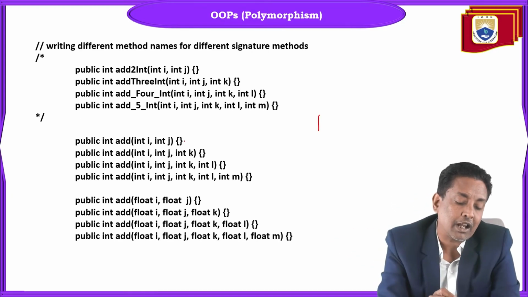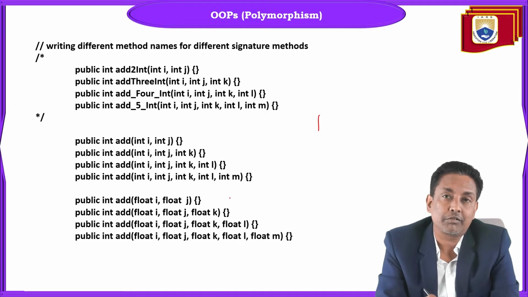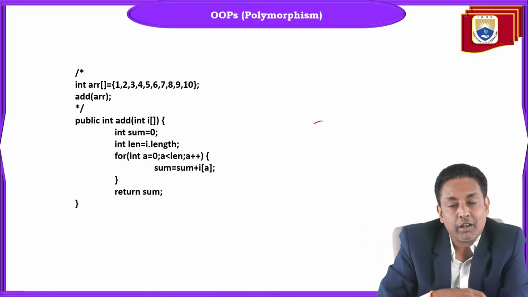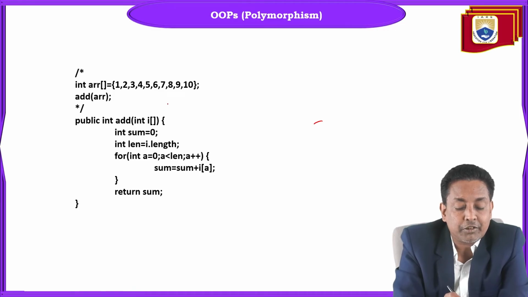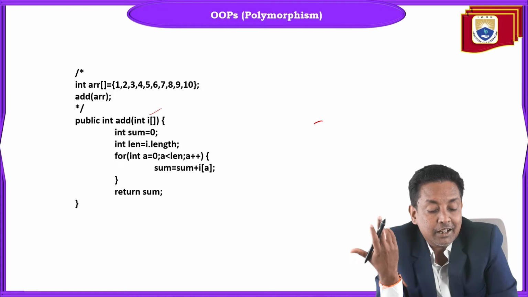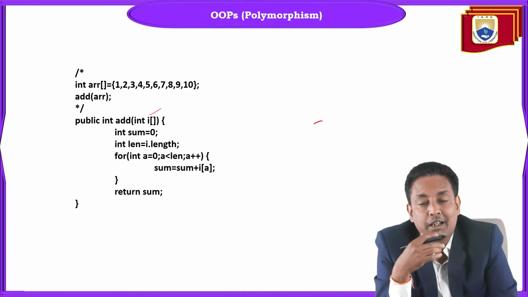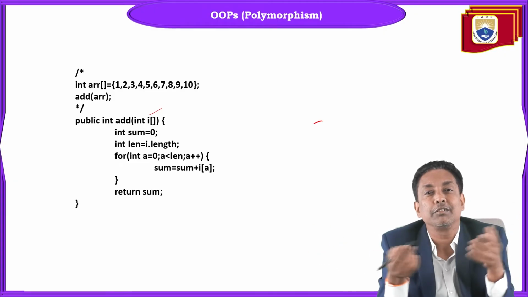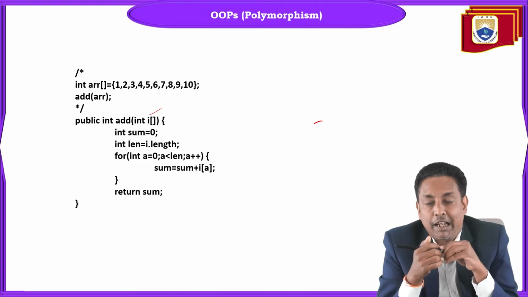Instead of writing add methods with 2, 3, 4, 5 parameters, if you write it with an int array as a parameter, please tell me the size of the array. The array size can be anything: 5, 10, 15, 20, 100, 1000, 10,000, 50,000. Array has no limit.